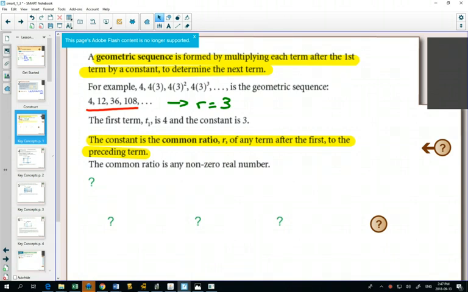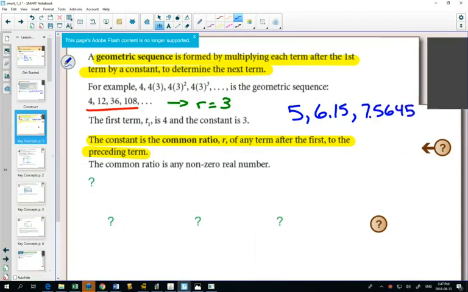How do you find the common ratio if you can't tell just by looking at it? Like this one, can you tell you're multiplying by 3? Yes? What if I gave you, let's see, what would be a, all right.